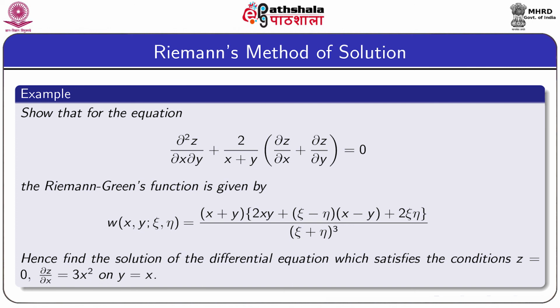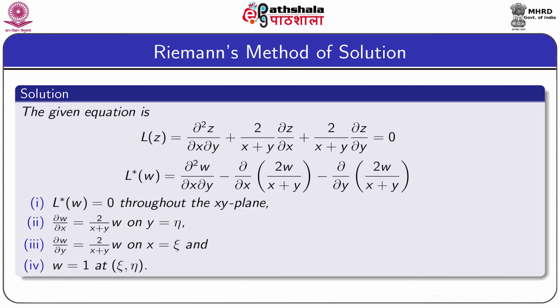We have to find the solution of the given differential equation which satisfies the condition z equals 0, ∂z/∂x equals 3x square on y equals x. For this equation the operator L is this, which is written here, and the adjoint operator L star can be written as shown here.